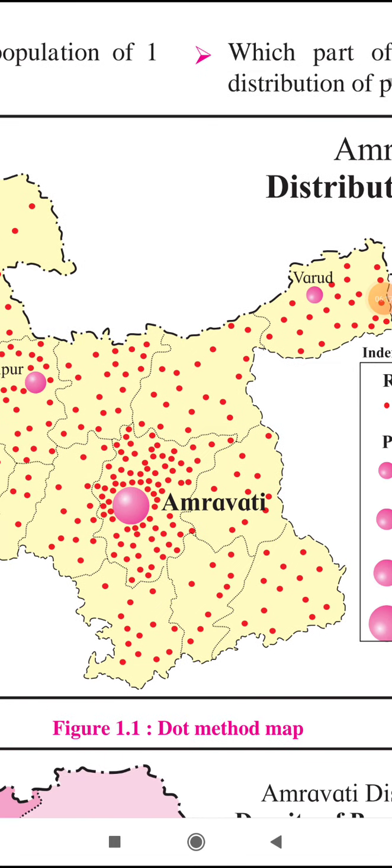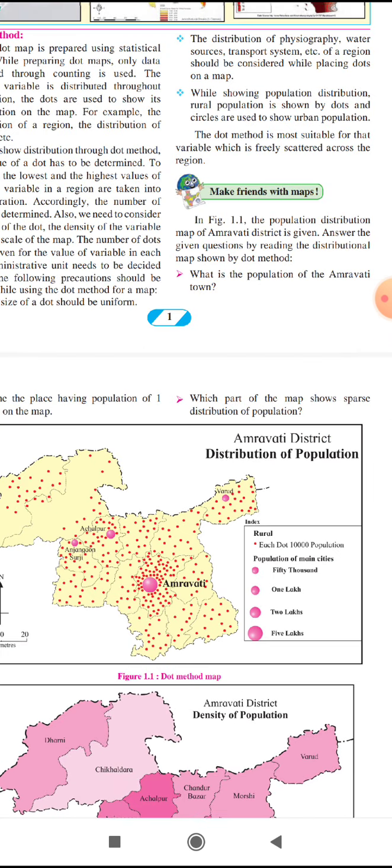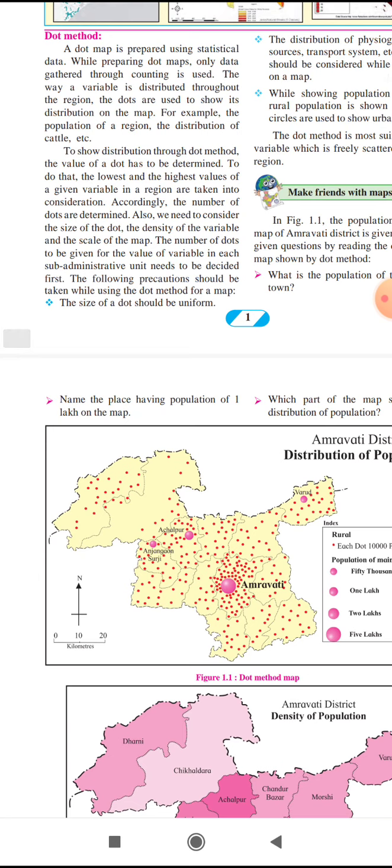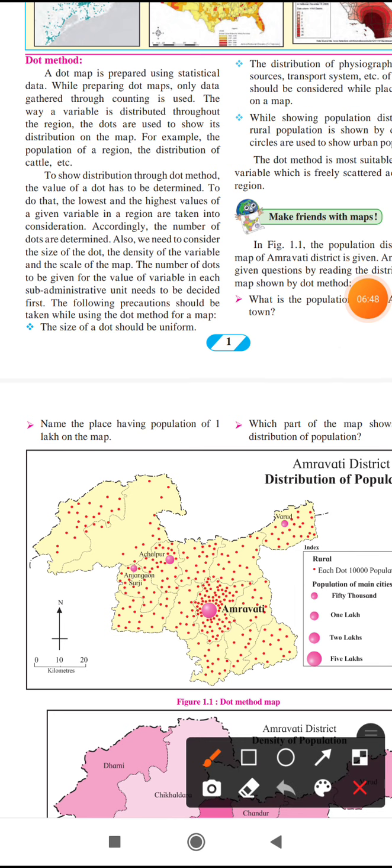Then next, which part of the map shows sparse distribution of population? Sparse means very less. In Amravati district, which part shows sparse, very little population? Students, you can answer this as the northwest region.